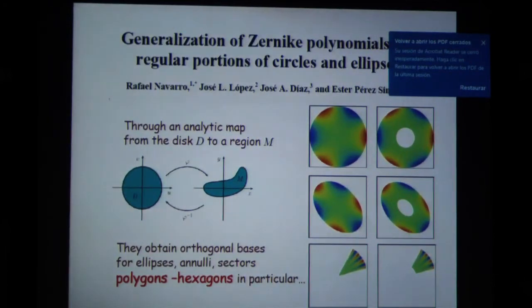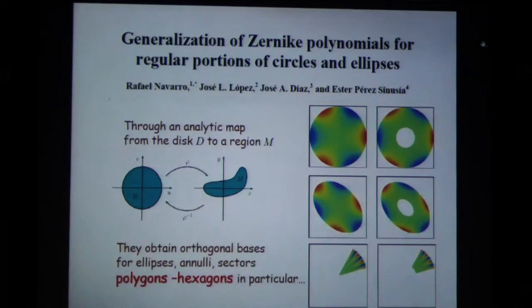Now, the solution by Zernike has been used also by other people by stretching the circle or making it into an annulus or sector. How do we get that away? A ver, alguien que sepa cómo deshacerse de él.